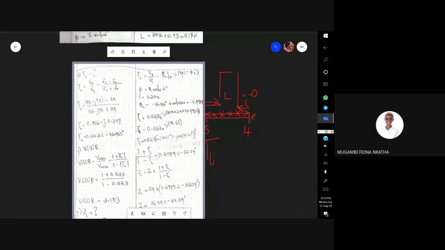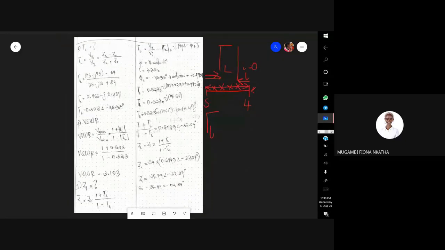Are we okay there? Okay. Voltage standing wave ratio is equal to V max divided by V minimum.